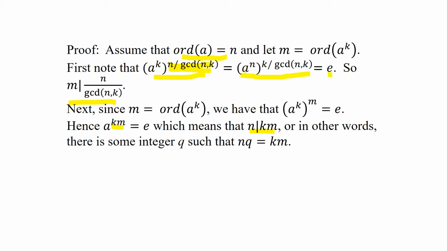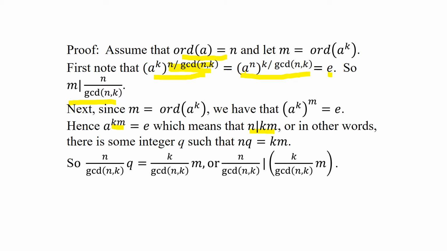Just writing out what that means in terms of an equality, there's some integer q such that nq is k times m. I write it in this form because that allows me to divide both sides by the greatest common divisor of n and k. That gives me this expression: n over the GCD of n and k, which is an integer, times q, is k over the GCD of n and k, another integer, times m.